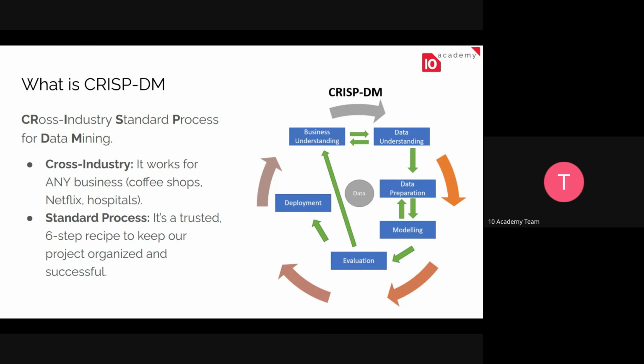Standard process means it's a trusted six-step recipe to keep our projects organized and successful. Here are the steps: business understanding, data preparation, modeling, evaluation, and deployment. Let's see all these steps in detail.